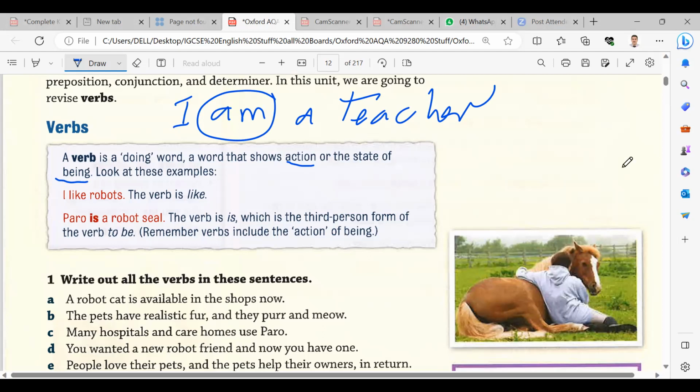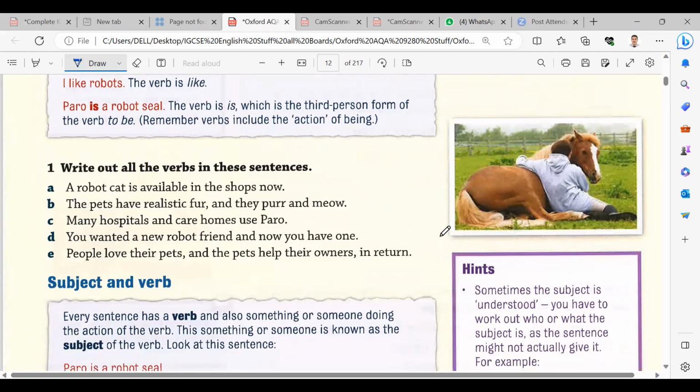What should you do? I give you 1 minute. Please write out all the verbs in these sentences. Write down in your notebook, please. Write the verb in each sentence, all the verbs.